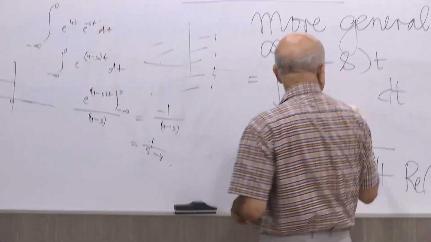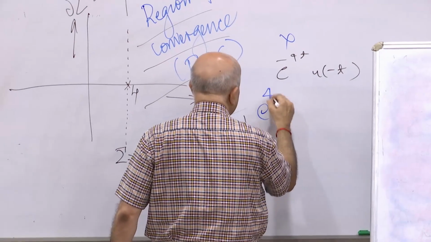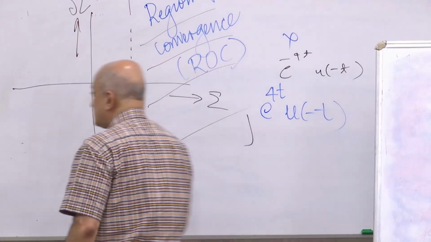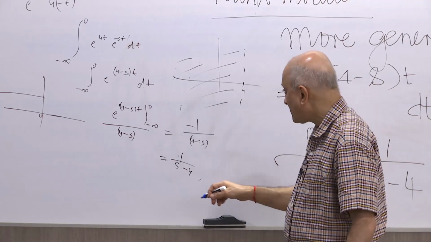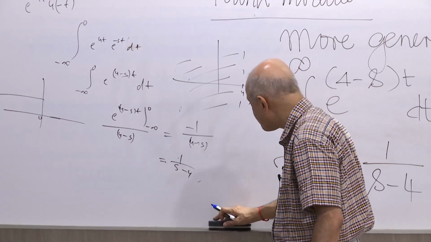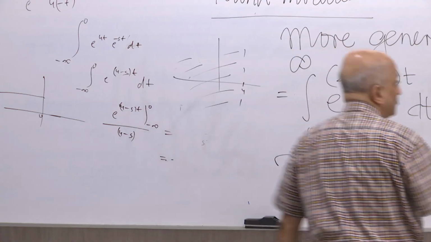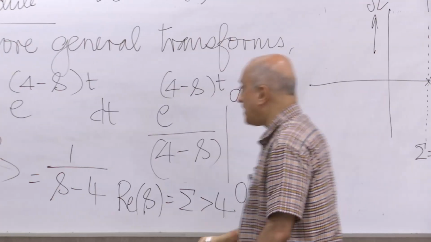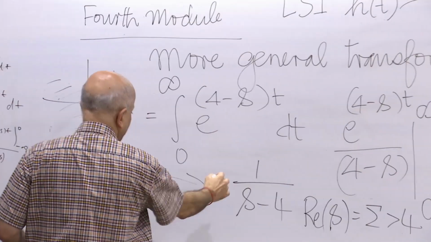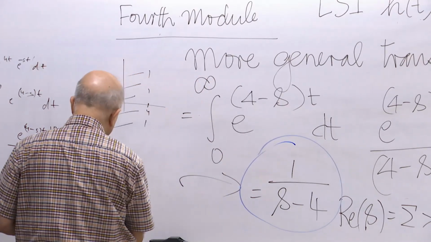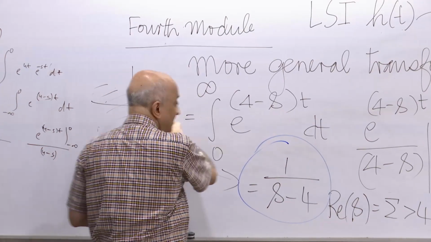Of course, as he said, e raised to the power minus 4t is not correct. You need e raised to the power 4t u of minus t. But even with that, you get a minus sign, so you need to multiply this again by minus 1. Once you take minus e raised to the power 4t u of minus t, you get the same expression, but with the region of convergence real part of s less than 4, which, as he says, is this region.